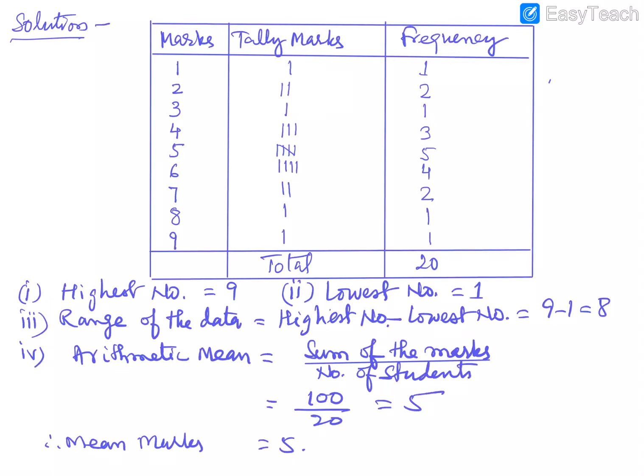Now arithmetic mean of the marks will be sum of the marks upon number of students. We have to add all the marks, which is 100 and the number of students is 20, so 5 is the mean marks.